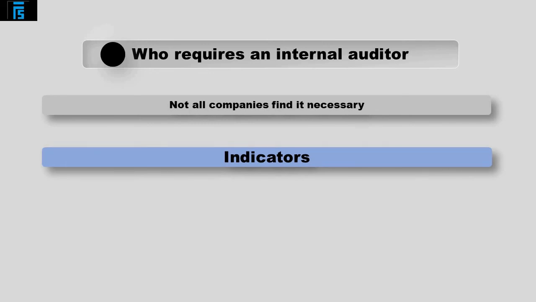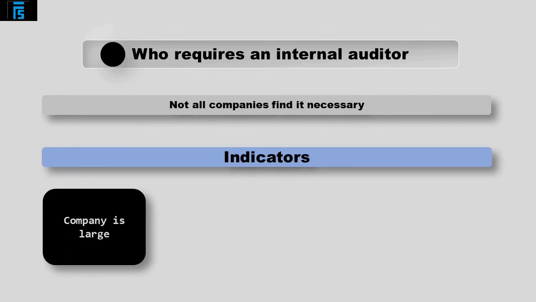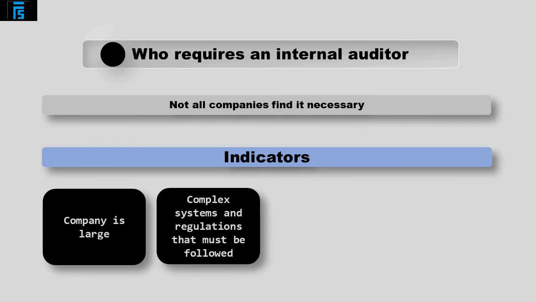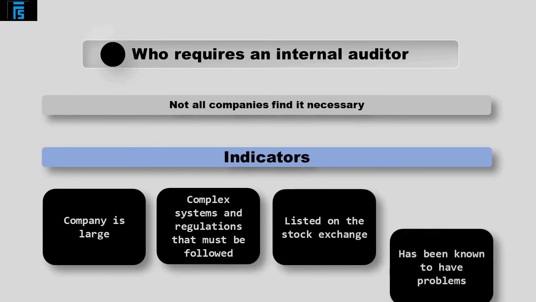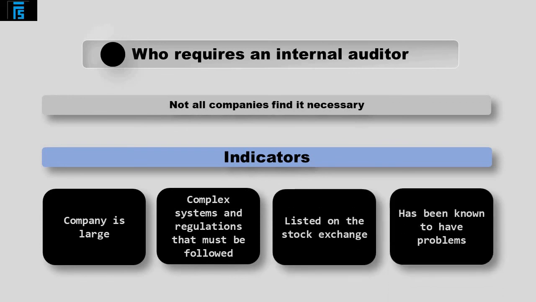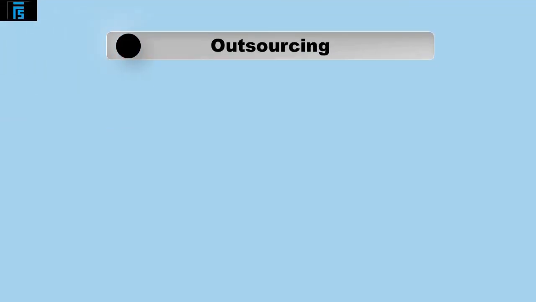There are some indicators of requiring an internal audit function, including if the company is large, if it has complex systems and regulations that must be followed, if it is listed on the stock exchange, if it has been known to have problems, for example, fraud or internal control deficiencies that led to fraud and error. Each organisation must decide whether an internal audit function would benefit them and fit in the plans for their future.